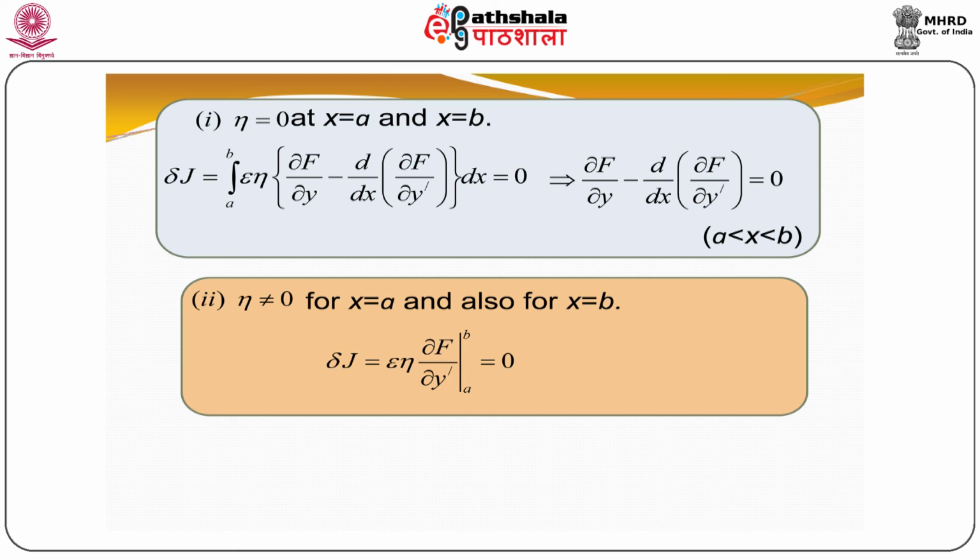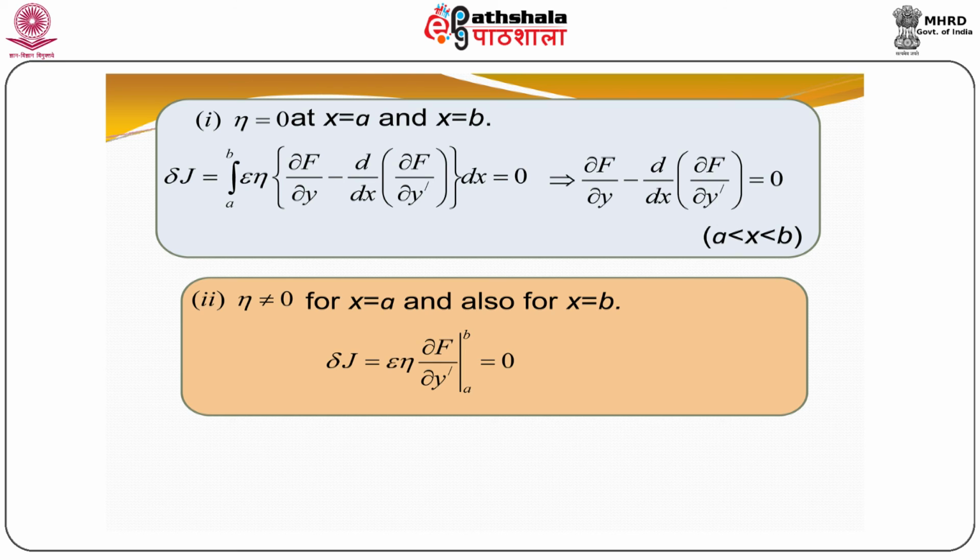For the next figure, that is figure 2, in this case eta not equal to 0 for x equal to a and eta not equal to 0 for x equal to b. Please recall that in this figure both curves do not meet at the end points.